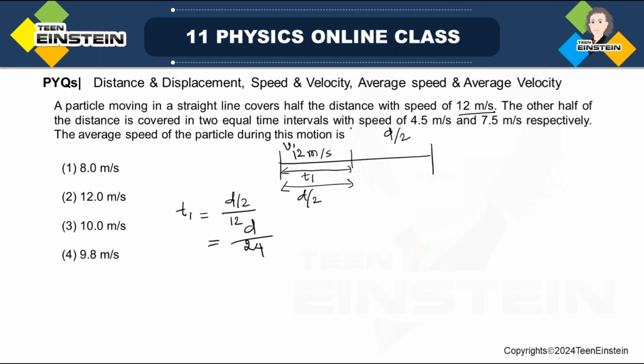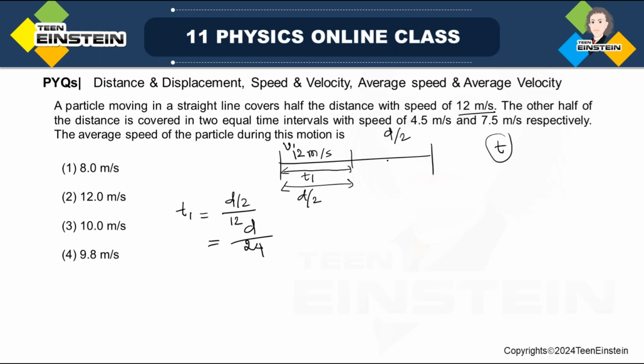Now the second part: the other half of the distance is covered in two equal intervals of time with different speeds. Let us say each interval is t, and within that it travels the remaining half with two different speeds in two equal intervals.